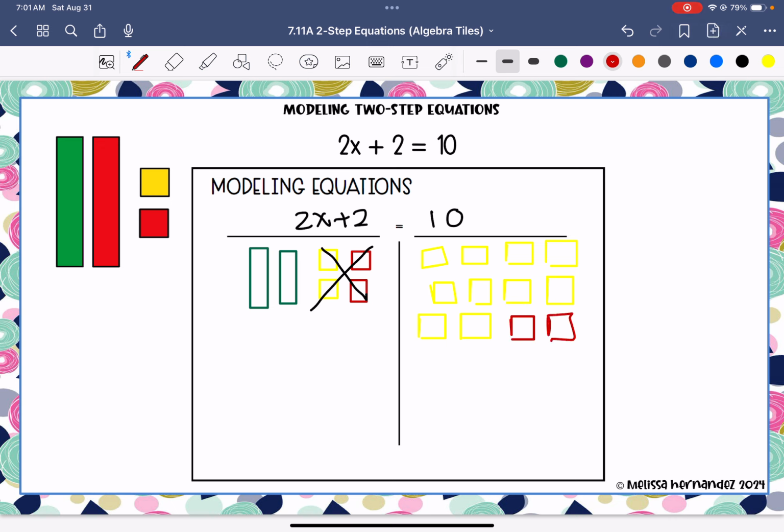Now, keep in mind you're taking out zero pairs. You won't always have zero pairs, and that's okay. There's 1 positive, 1 negative, 1 positive, 1 negative. Now I'm left with 2x, and as I said, I'm not interested in what 2x is worth. I'm interested in what the value of 1x is.